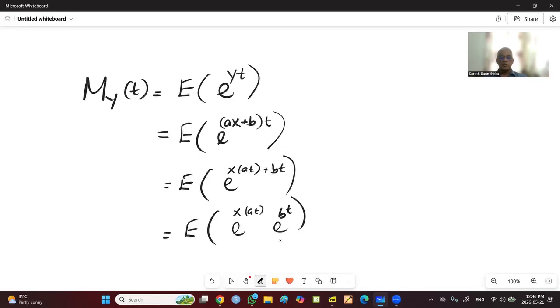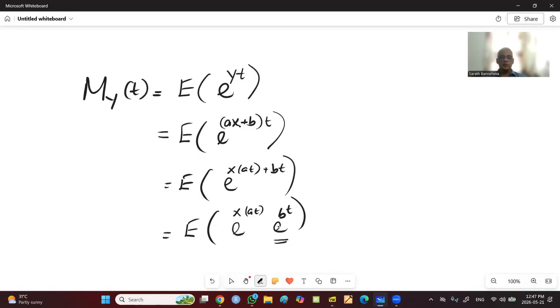But now notice, b is a constant, t is a constant, so e to the power bt is a constant. Here, x is a random variable, at is constant, but then x is random, so the whole thing becomes a random variable.